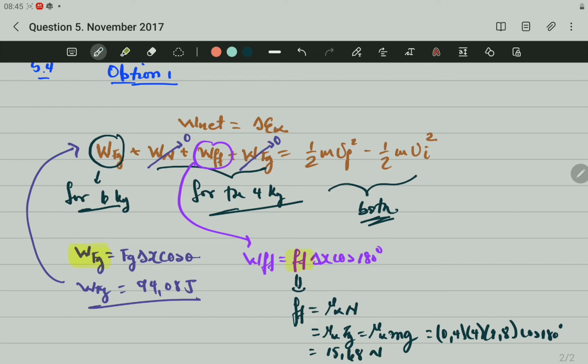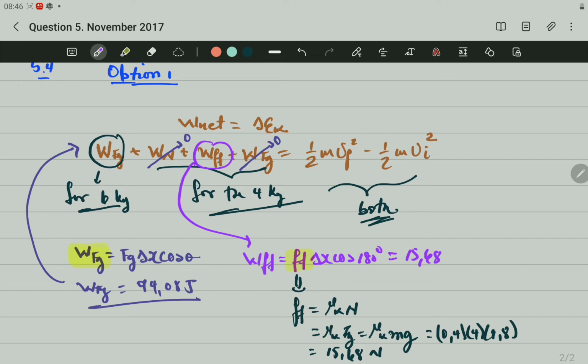And this one must go there, so we can calculate the work done by the frictional force. So here we substitute now 15.68.